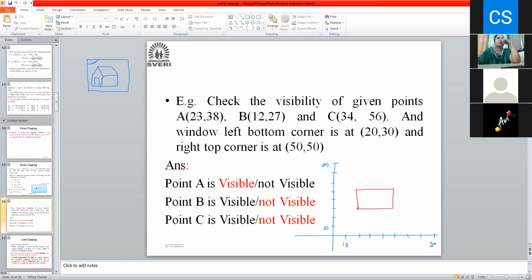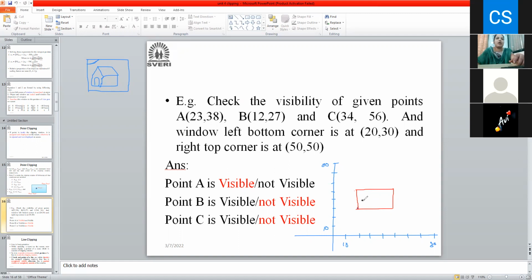So it is going to check both the conditions. If both the conditions are true, then only that point lies inside. So I will have the representation of point A somewhere. So here is 20, 21, 22, 23 somewhere over here, and 38. So this is your 30 and 38 is near the 40 value.